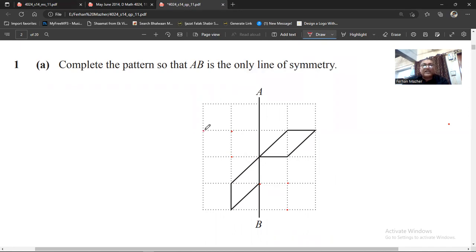So simply just join them. This will be like this, and this will be like this. Okay, so this is the shape.